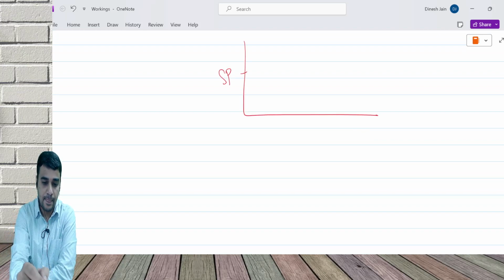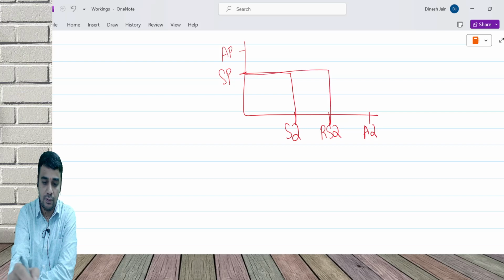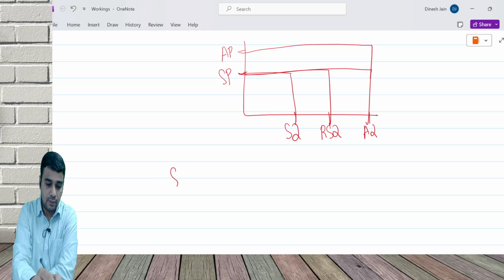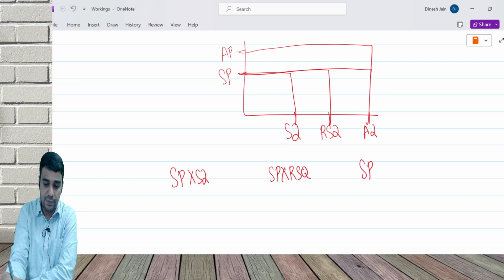SP, AP, SQ, AQ, in between it will have RSQ. SP into SQ, SP into RSQ, SP into AQ, AP into AQ.